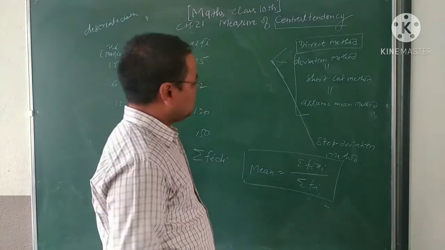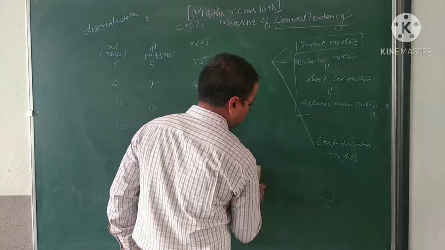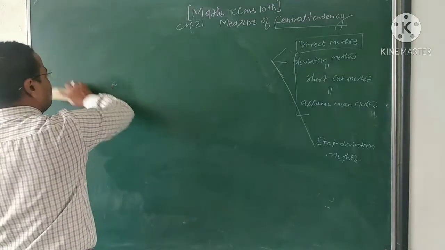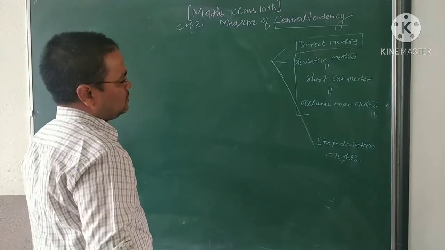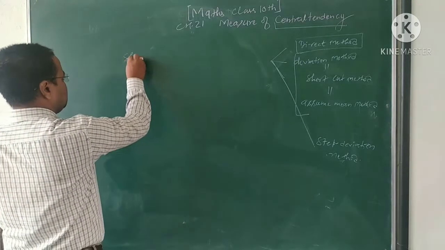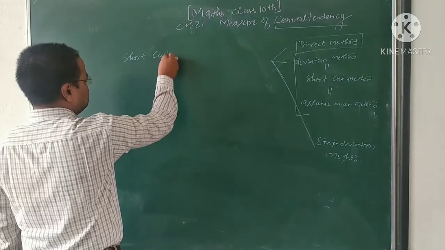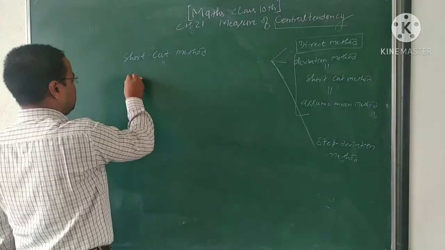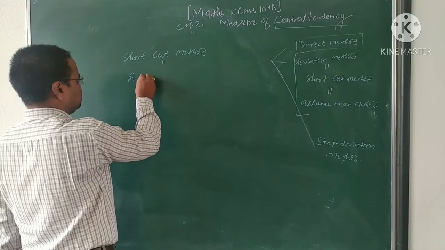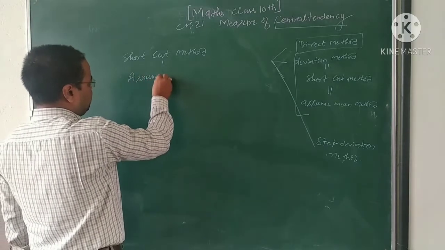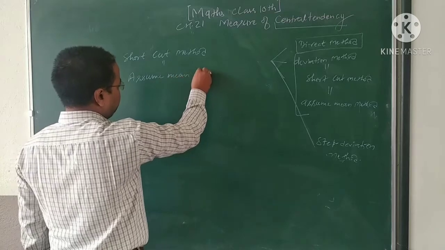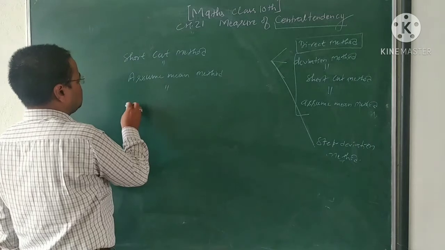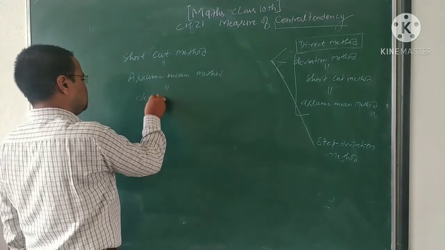Now we will discuss the shortcut method. This shortcut method is also known as the assumed mean method, which is also known as the deviation method.